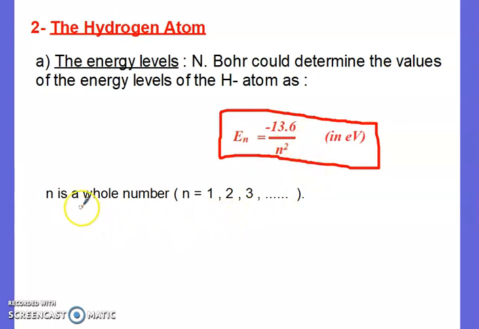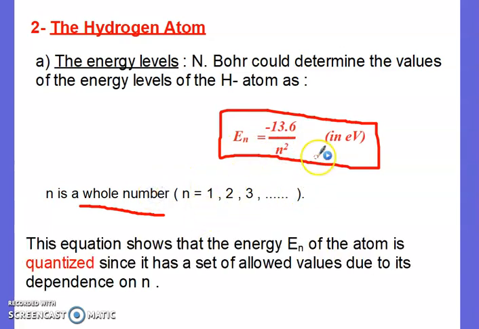But what is n? n is a whole number, means 1, 2, 3, 4, etc. up to infinity. So if you look carefully at this equation, you see that En has specific values, not a continuous value, discrete values, due to its dependence on n, right? So the energy of this atom is quantized.